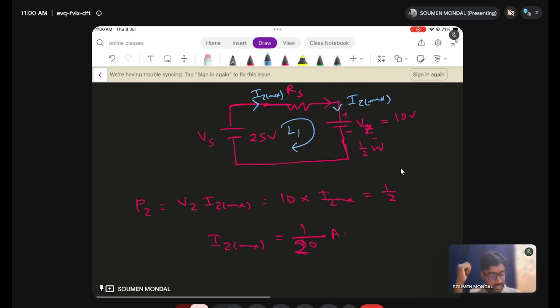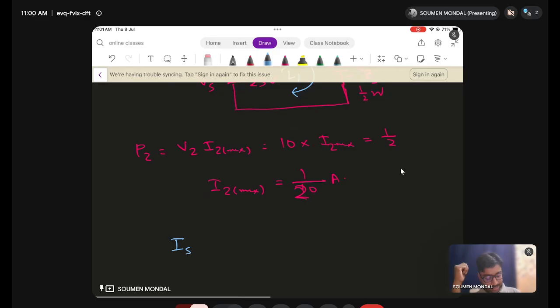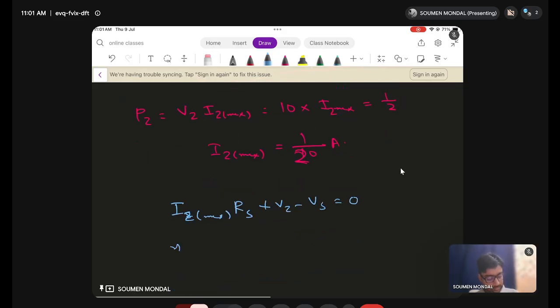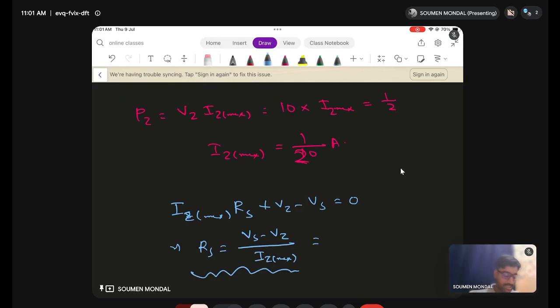Let me check it again. Yes, so Iz max into Rs plus Vz minus Vs is 0. So Rs is Vs minus Vz by Iz max. Anyway, someone can remember this formula directly. It's an easy formula, just the difference of voltage by current.